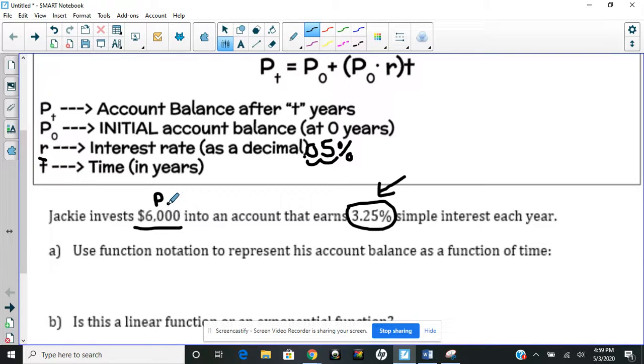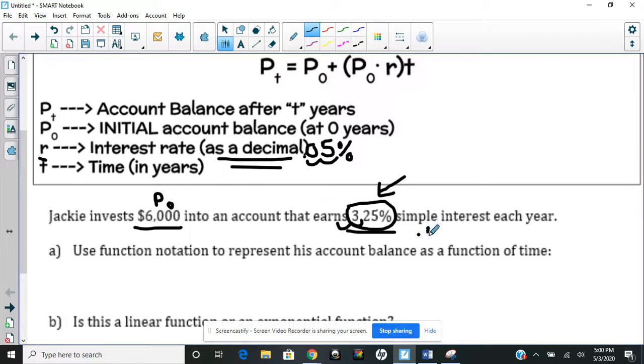You don't have to write these on top of the numbers, but sometimes it helps me so that when I go back to the formula, I know where I'm putting things in. We've got the 3.25%, and that again is written as a percent. So we're going to have to put it as a decimal because it's really important that we put things as decimals. I'm going to take that decimal place and move it to the left twice, or I'm going to take 3.25 and divide it by 100 in my calculator, whatever I want.